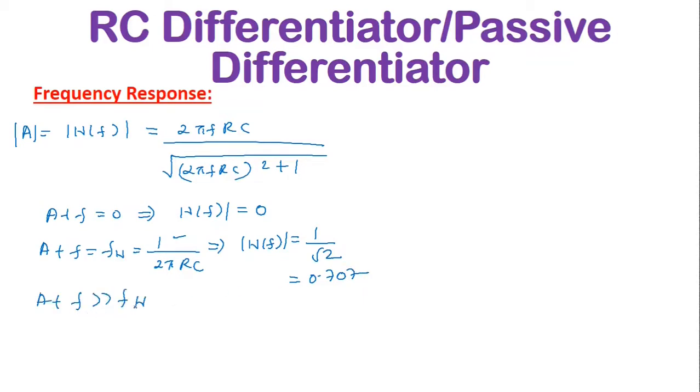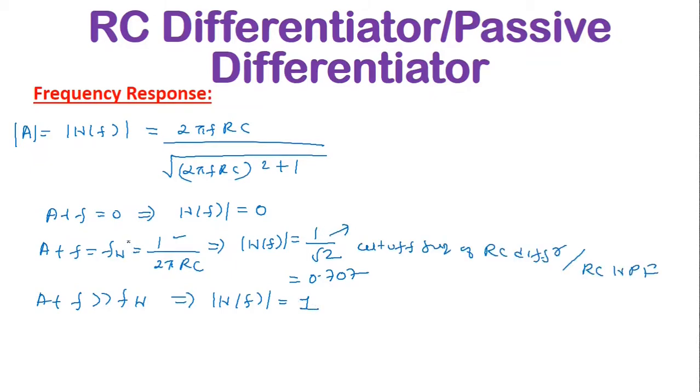And at frequency very much greater than fH, which is 1 upon 2 pi RC, the magnitude of H(f) is equal to 1. This frequency fH at which the magnitude of gain becomes 1 upon root 2 is called the cutoff frequency of the RC differentiator, or the cutoff frequency of the RC high pass filter.